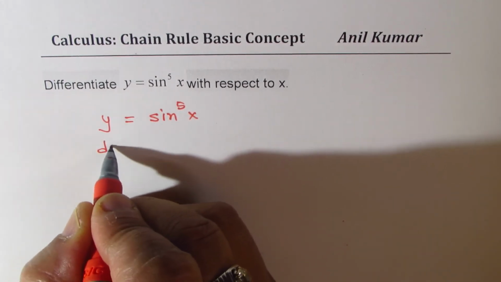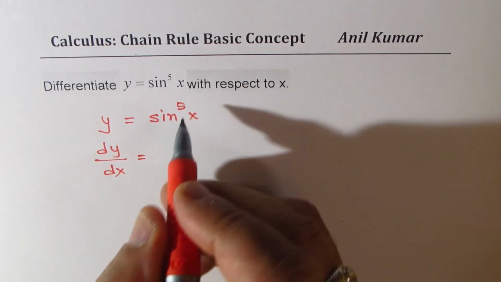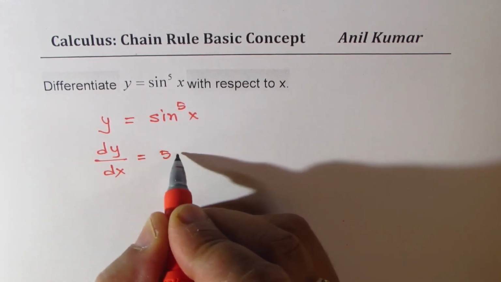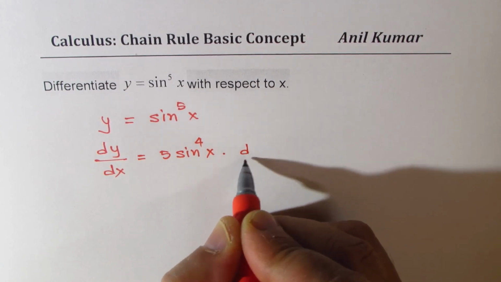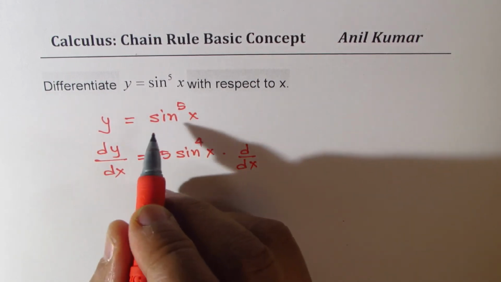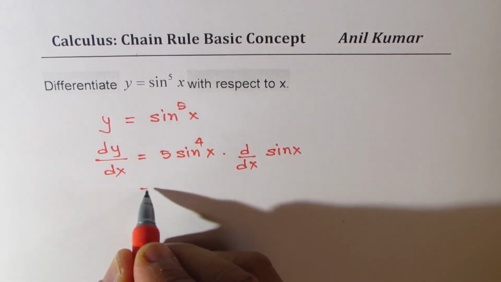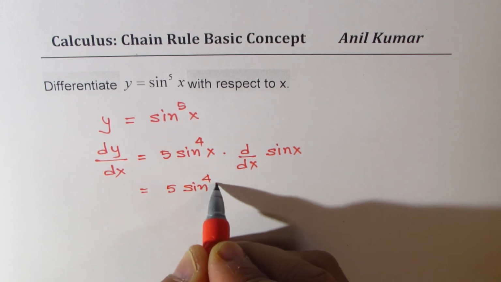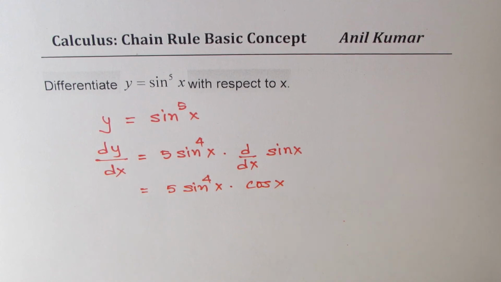Applying the chain rule, I could get dy dx as equal to, first we apply the derivative to the outside function, which is 5 sine to the power of 4x, times the derivative of the inside function, which is sine x. You get an idea, right? And so what we get here is 5 sine to the power of 4x times cos x. Perfect. So that is how you could do it without substitution.